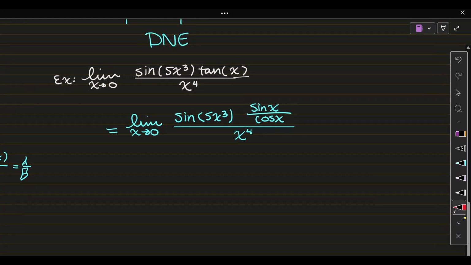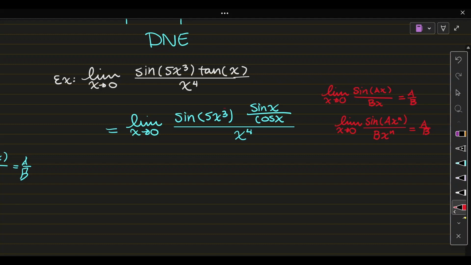So an important thing to note about our rule, limit x goes to 0, sine ax over bx equals a over b, is that the powers on x are the same. So in other words, these guys have to be the same. Another way that this might work is the limit as x goes to 0 of sine ax to the n over bx to the n, for some positive whole n, equals a over b. They have to have the same power.